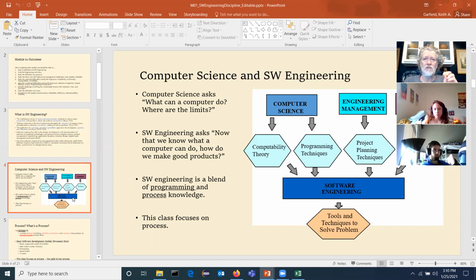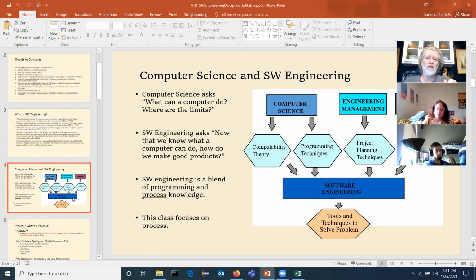So notice we're getting into a lot of other ranges, right? Computer science is very much mathy sciencey in its purest form. And software engineering needs some of that, right? You need to understand what a computer can do. You need to be able to understand how to literally program. But you also need a bunch of other stuff, and a lot of it is process stuff. How do you build teams?